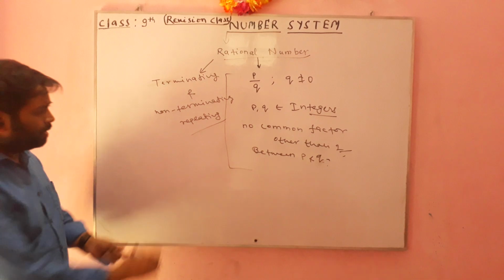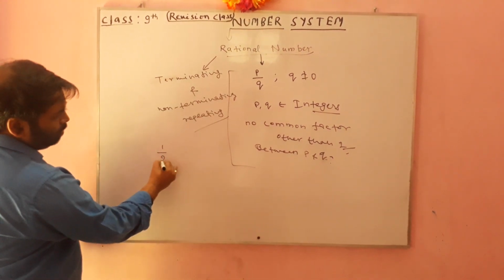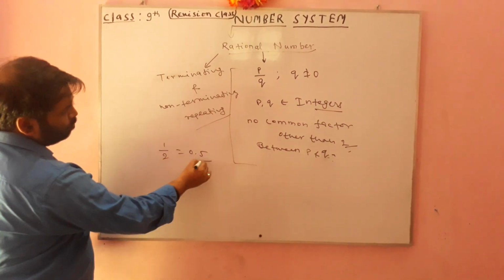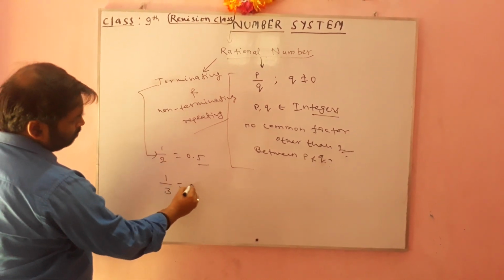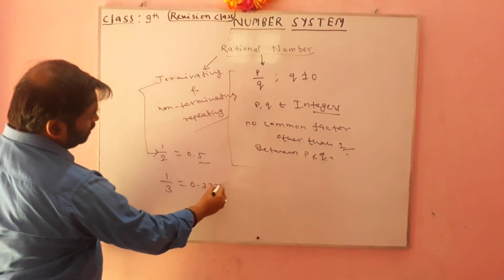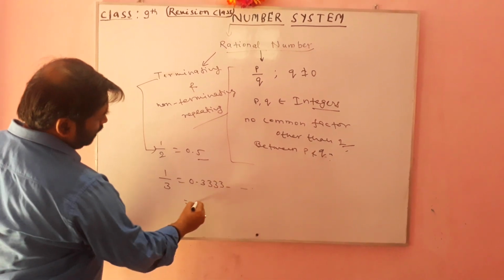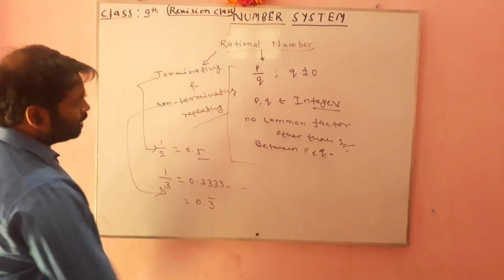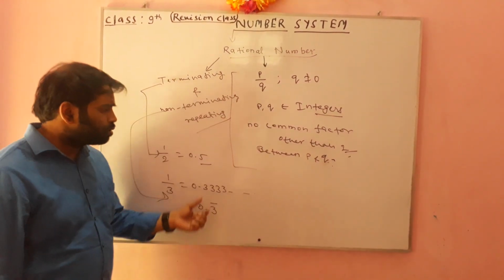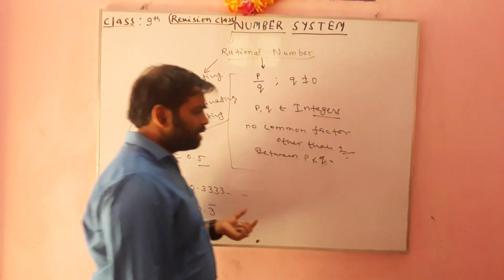What does it mean? 1 by 2, the value is 0.5, that is terminating. 1 by 3, the value is 0.333 going on to infinity, meaning 0.3 recurring, that is called non-terminating repeating. So this is the definition of a rational number.